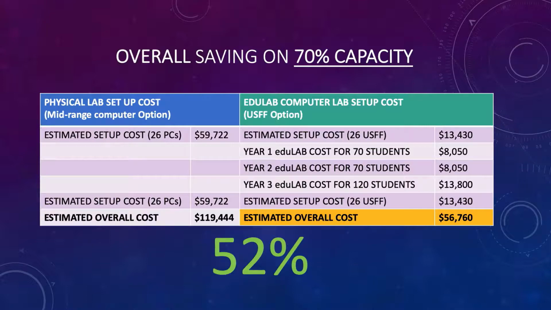In this scenario, you have a much lower setup cost of $13,430. So if you were to go with this option, including the third year of EduLab subscription of 120 students, you're still only paying $56,760, whereas the fixed cost you have to invest in a physical lab of $119,440 remains the same.